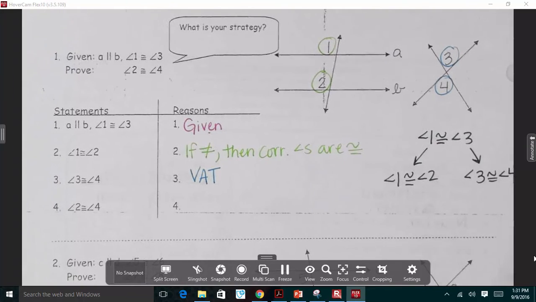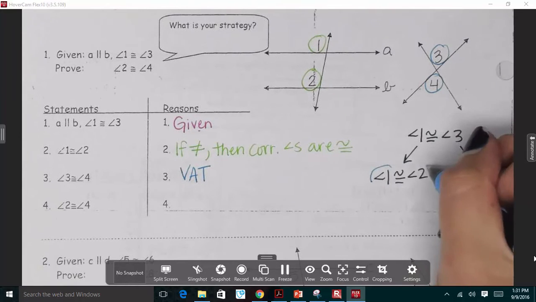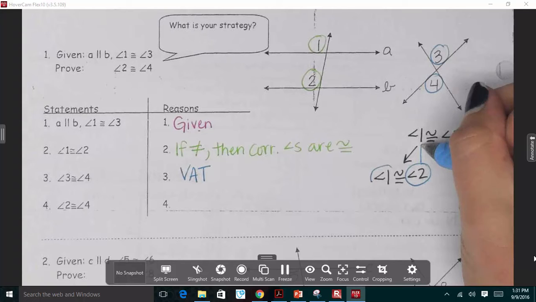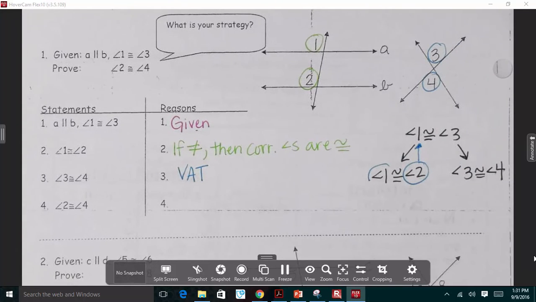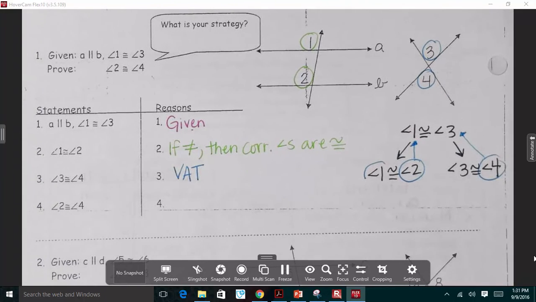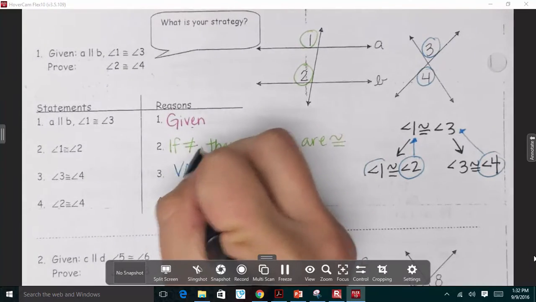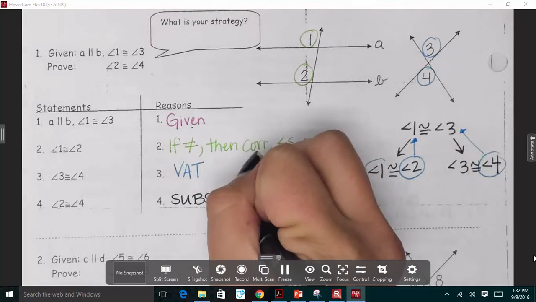So could I substitute angle 2 in for 1 since they're the same? Could I take angle 4 and substitute it in for 3 since they're the same? If I substituted 2 in and 4 in, what two angles would be congruent? 2 and 4. Very good. So that is our prove, our last step. And the way we did that was by substitution, because we substituted them back in.